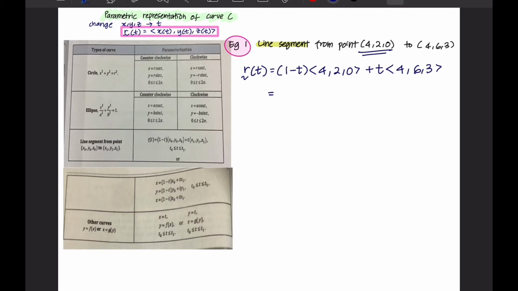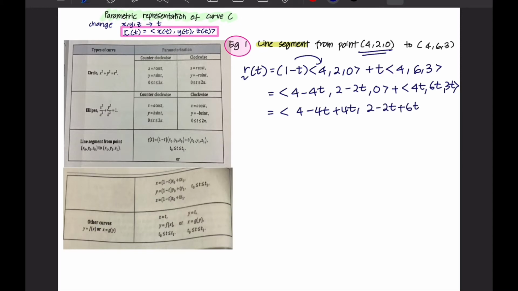Multiply the vector with 1 minus t, you will get (4 minus 4t, 2 minus 2t, 0 multiplied with 1 minus t is 0), plus (4t, 6t and 3t), and then you add the vectors. So remember, r(t) is a vector.